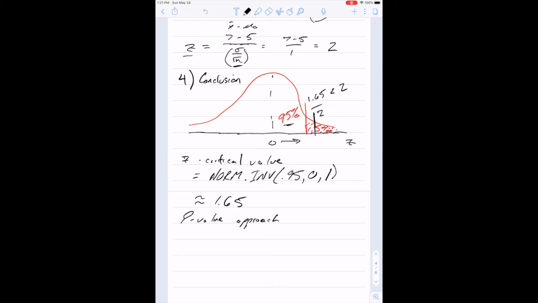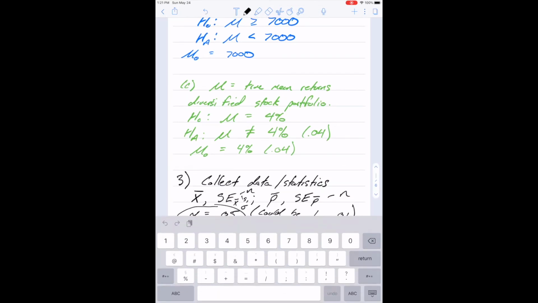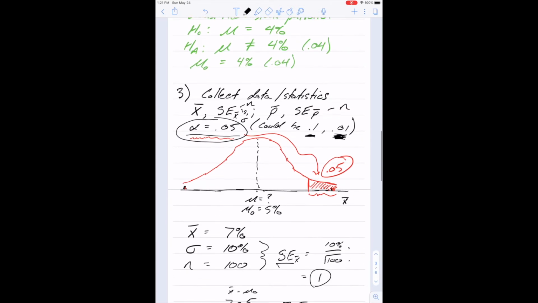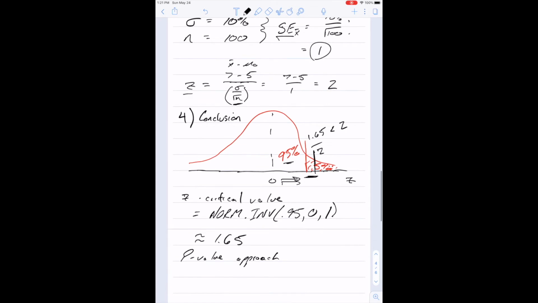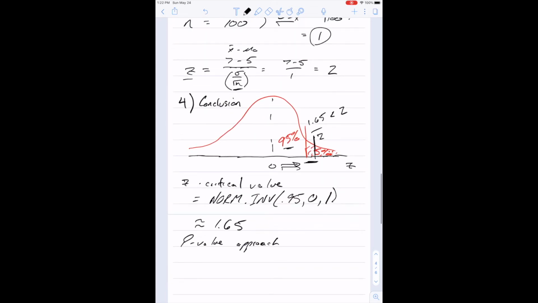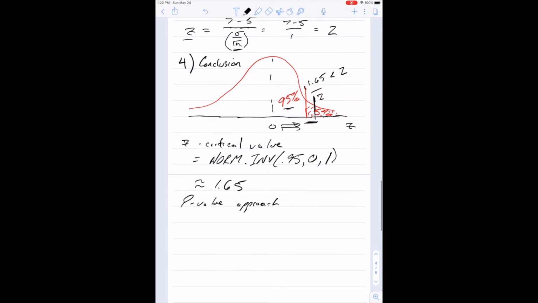So I know that line where 2 is on this axis is farther out. In fact, that's why I reject the null hypothesis. That 2, the black line, being farther out than the red line, is what leads me to land in the rejection region and reject the null hypothesis.